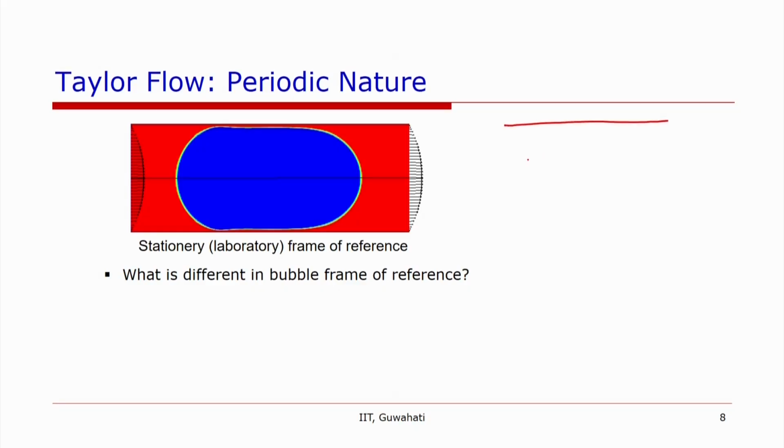As I have said, the Taylor flow is periodic in nature. That means if you are doing the experiments in the laboratory or a stationary frame of reference, and you have a channel and you are looking at this point, then you will observe, and what I am going to plot is, let us say, with time, the volume fraction.